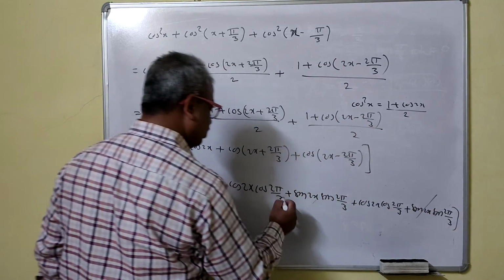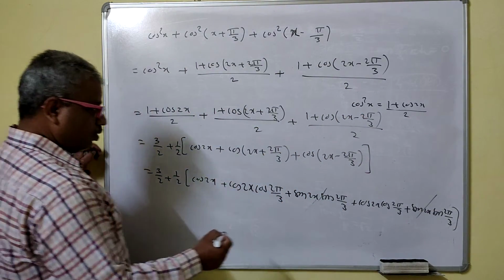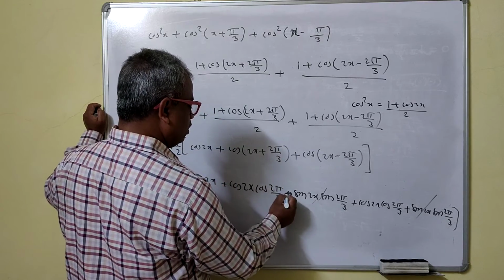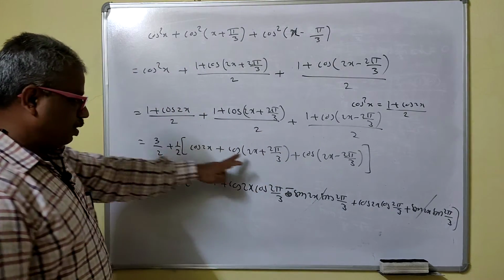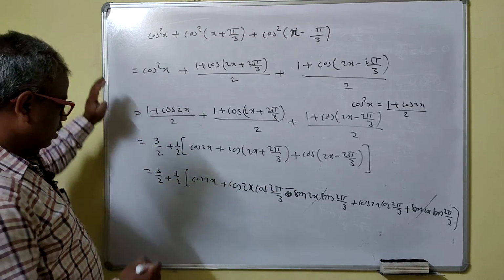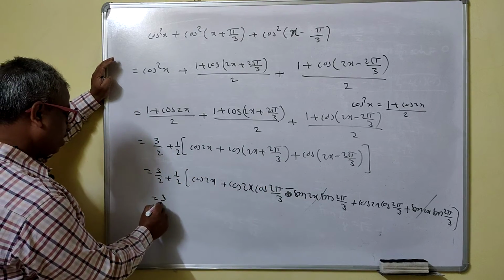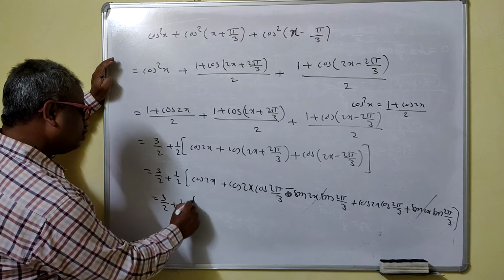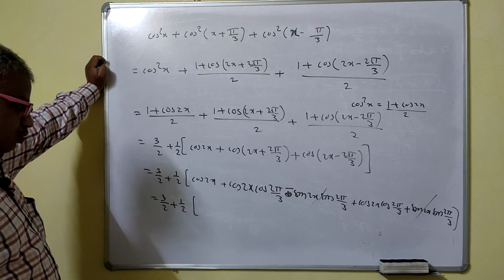Now see, this gets cancelled. Here it should be the minus, because if plus is there, then minus is there, and if minus is there, then plus is there, right? So this is 3 by 2 plus 1 half, plus 1 half.